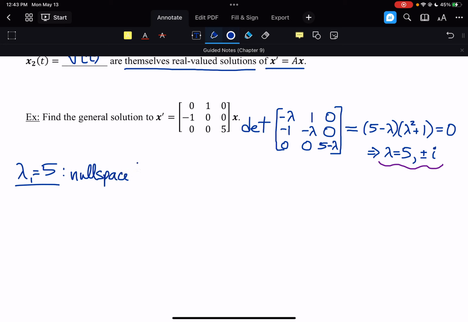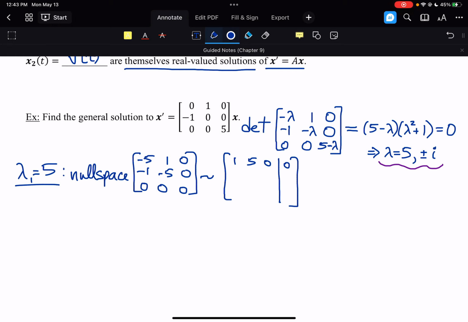So we get null space of -5, 1, 0, -1, -5, 0, 0, 0, 0. If we move things around a little bit and row reduce, so like we can make this the top row, so like 1, 5, 0.